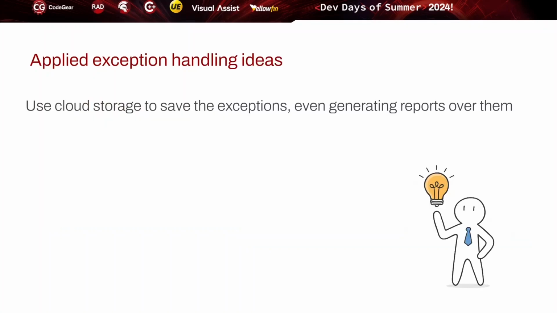And here we have some exception handling ideas that we use in many systems that help us a lot to solve many of the exception problems that we have. And again, we know that you work with very complex, very large systems, and sometimes when a user just reports that some exception occurs, it's not that simple for you to identify and generate all the situations that can cause that exception.